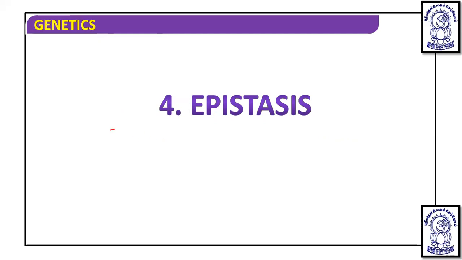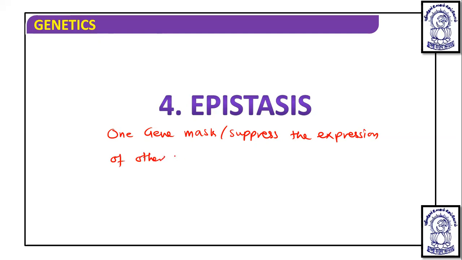One gene masks or suppresses the expression of other non-allelic gene. Okay, so here one gene suppresses the expression of the other non-allelic gene.